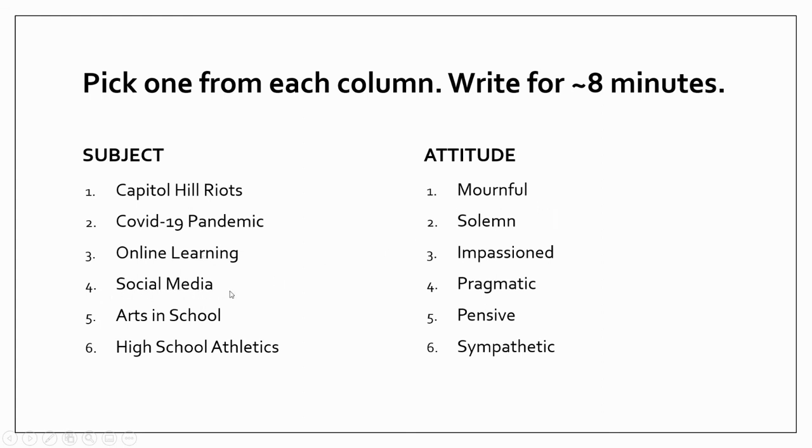So I've got to write about social media in a mournful way and figure out how to make that work. And obviously, you wouldn't be picking your tone at random, but this is just good practice to think through what type of tone am I going for and how do I achieve that. So for 8 minutes, I want you to pause this slide, pick a subject and attitude, and write.